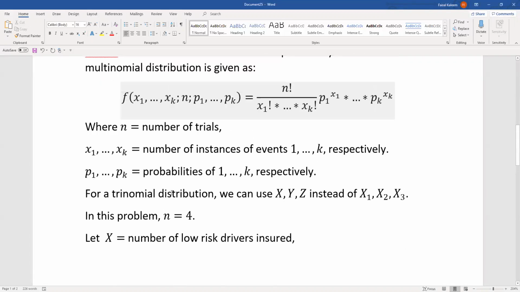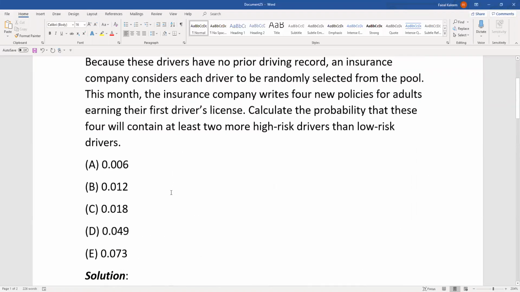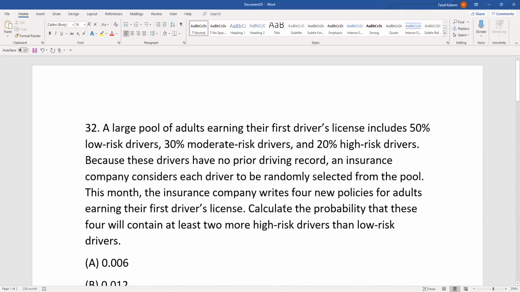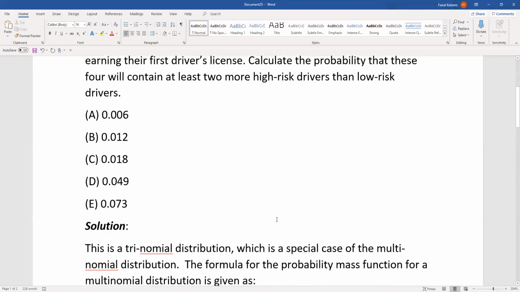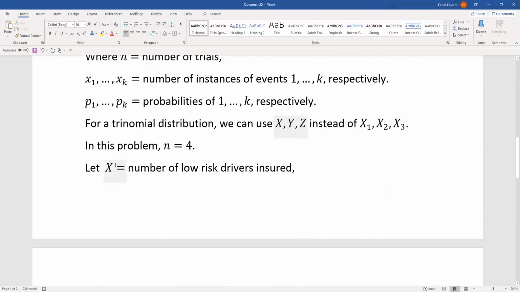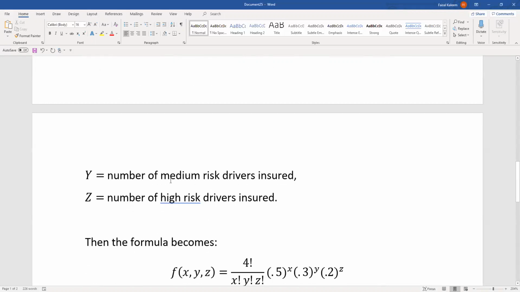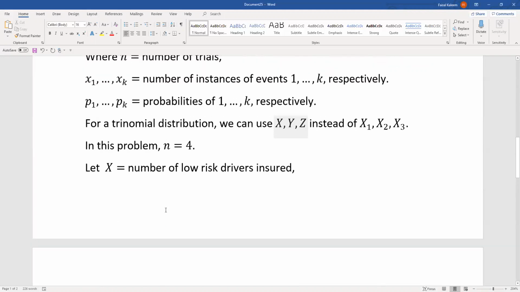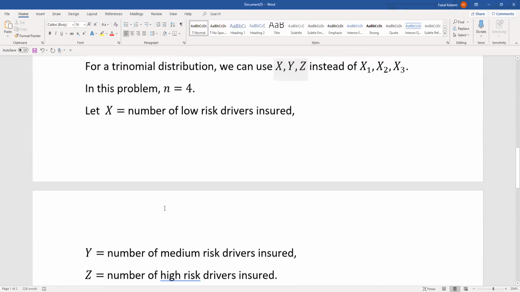In this case, n is 4, because we are writing 4 new policies, and we are trying to see what happens in those 4 new policies. So n is 4 here. If we let x be the number of low-risk drivers, y the number of medium-risk drivers, and z the number of high-risk drivers, the formula becomes f of x, y, z.